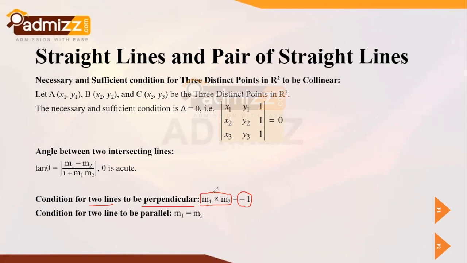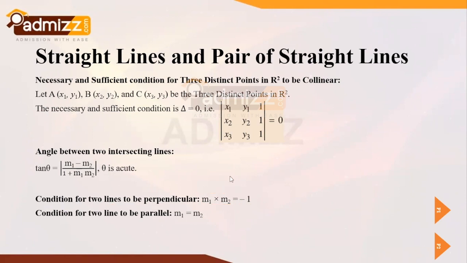If the slopes of the given lines are multiplied and the product turns out to be negative 1, then the two lines are perpendicular. Similarly, for two lines to be parallel, the slope values must be equal. If the slopes are not equal, the lines are not parallel, and if they are equal, the lines are parallel.